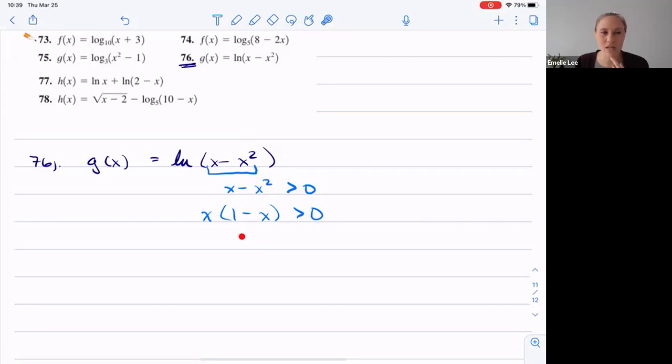Let's see if there's another way that we could do it. x has to be greater than x squared. Hard to visualize. So let's just go ahead and use this one.